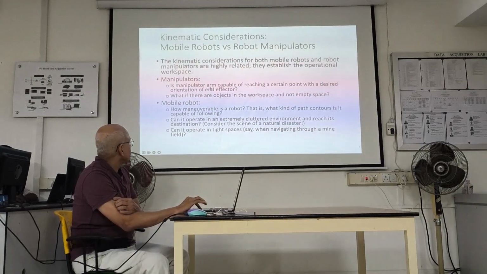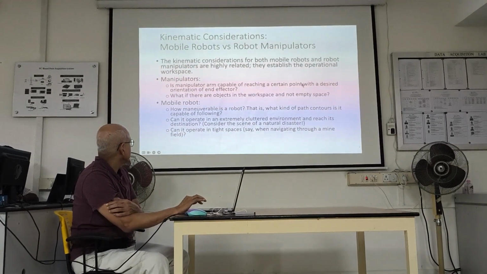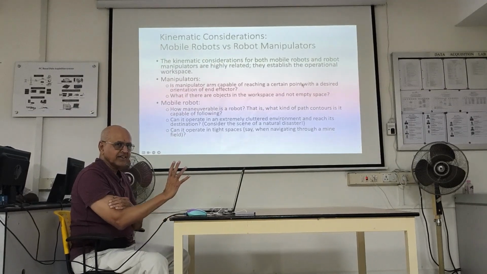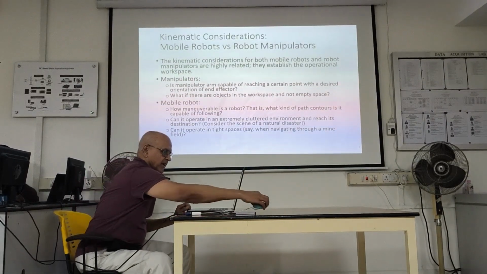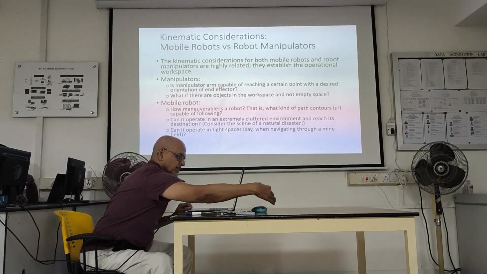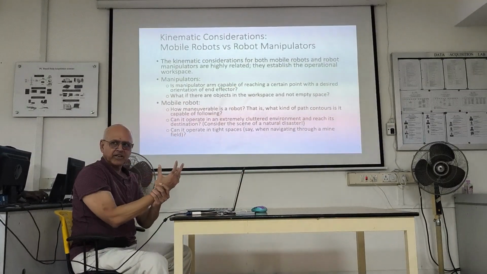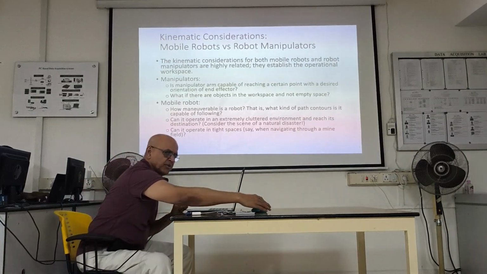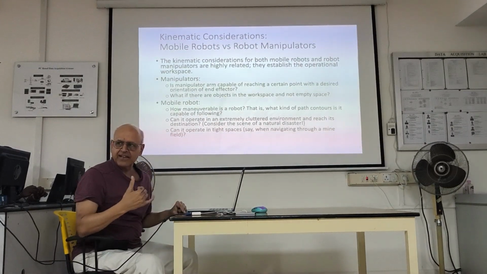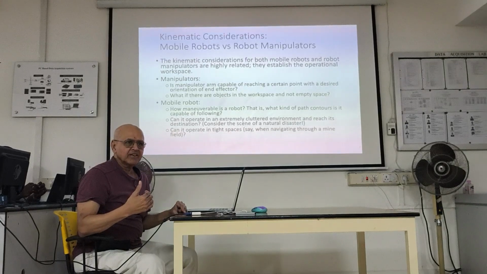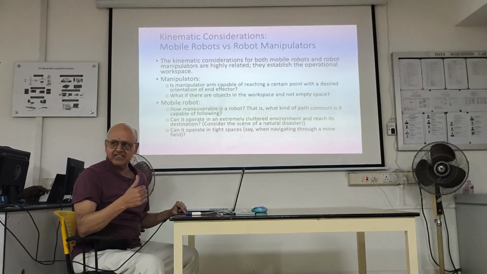Is the manipulator arm capable of reaching a certain point with a desired orientation of end effector? So imagine if I have a workspace like this, and I need to pick up something here. So I need to know whether, with all the joints, how many joints do I need? Are the angles sufficient to pick up this? That's the challenge you face in factory automation. Now, in factory automation, you have an advantage.